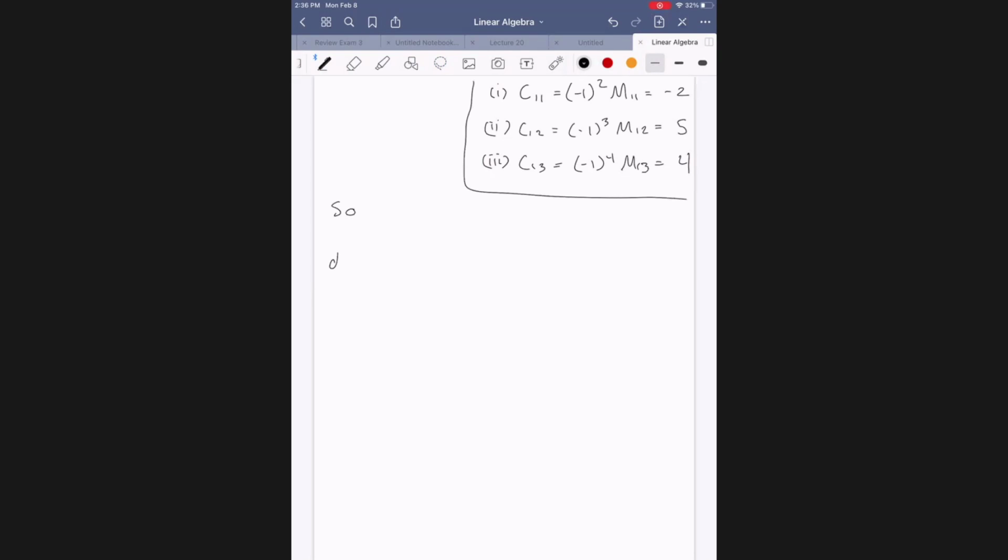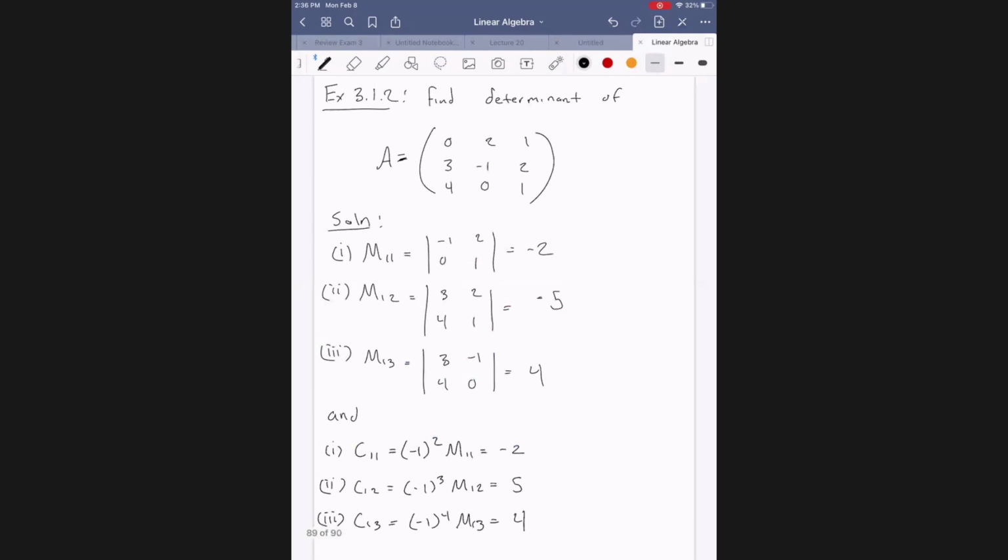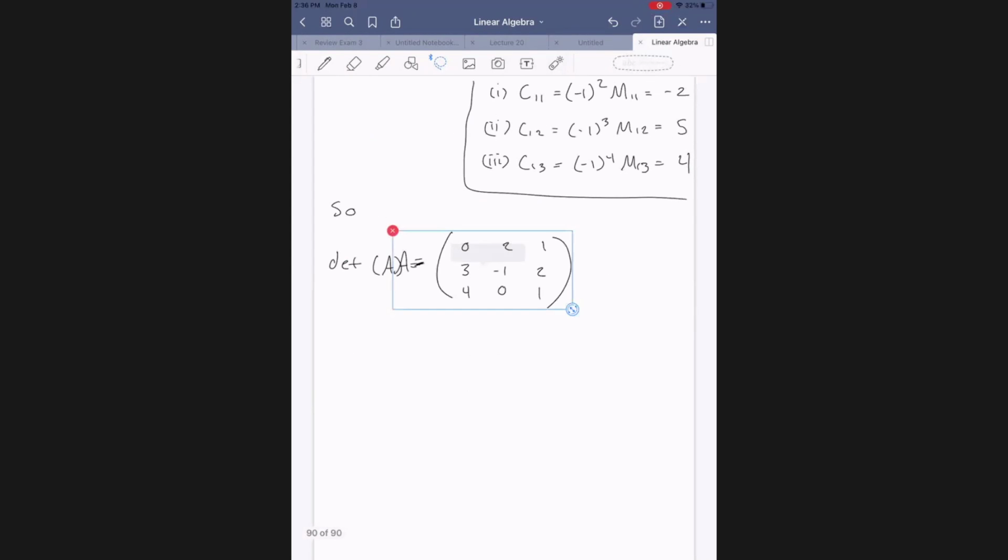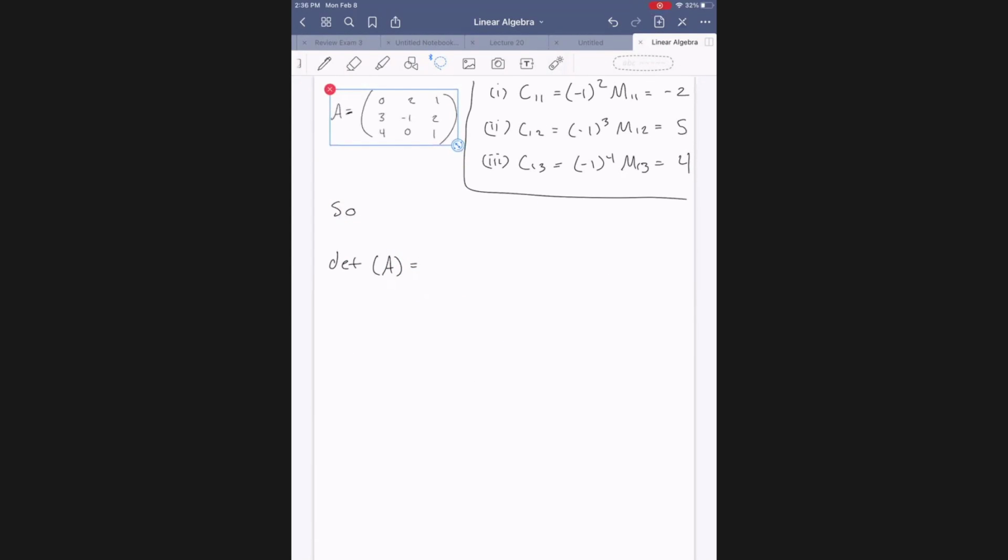So the determinant of A is going to equal, so let me go get this matrix here. It's going to be the cofactor times that entry.